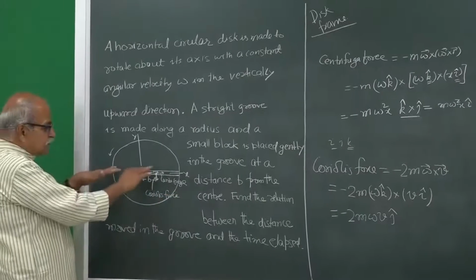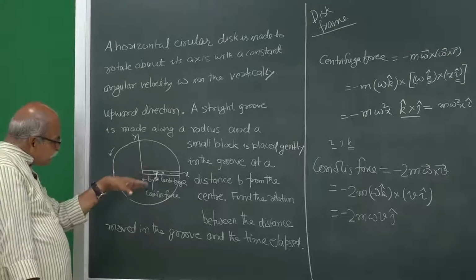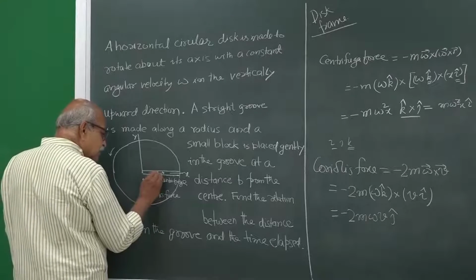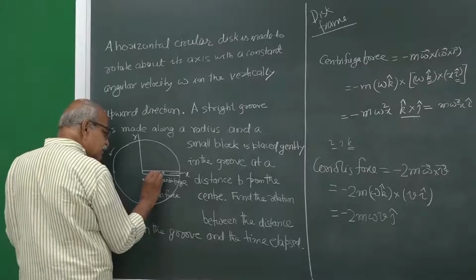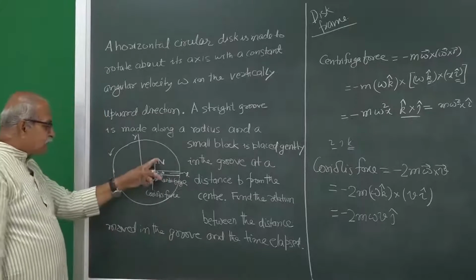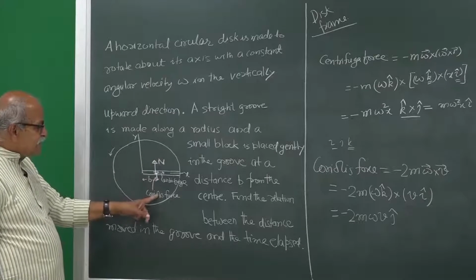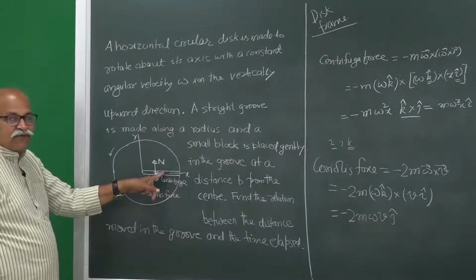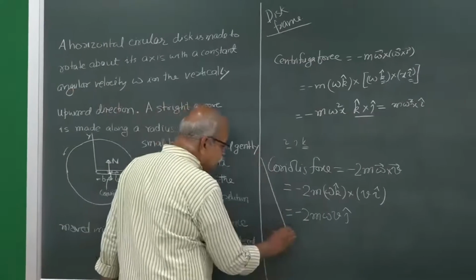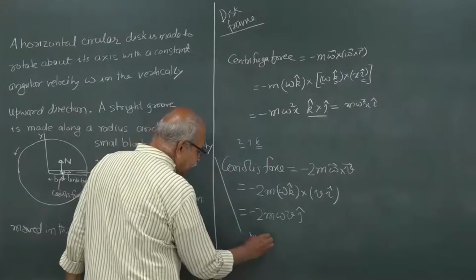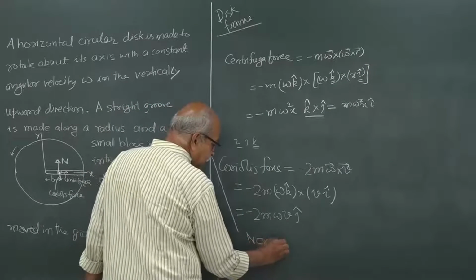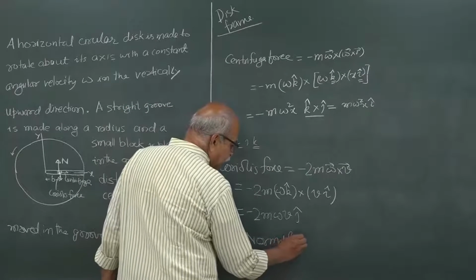If this groove was not there, the block would have picked up velocity in the y direction. But now, since the groove is there, the wall will exert a normal contact force N, and that force will balance this Coriolis force. So, ultimately it is motion only under the centrifugal force. Although the Coriolis force is there, the normal force N is exerted by the groove.